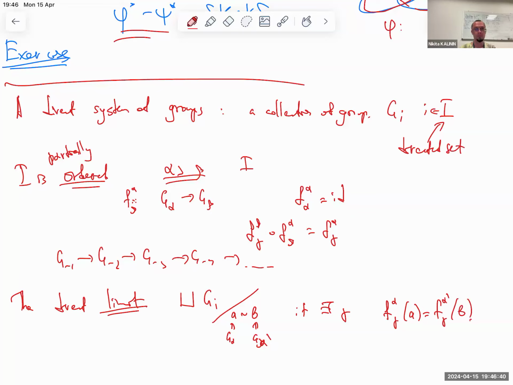Okay, so if two elements become equal at some moment after I apply this thing, they are said to be equal.